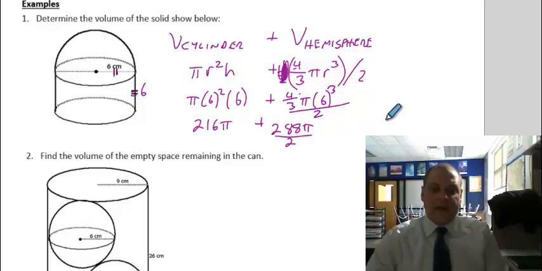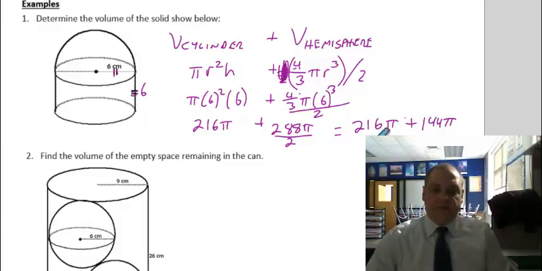Of course, 288 over 2 is 144, so it's 216 pi plus 144 pi, and then I add those together and I get 360 pi.